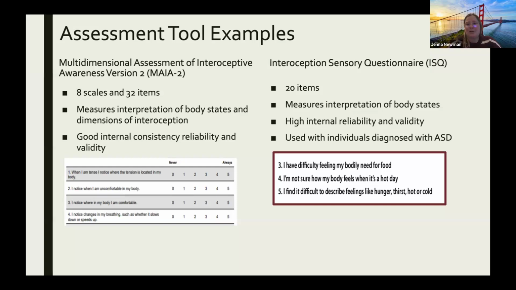So it's important when you're looking at evaluation tools to look at all of the questions and see which tool uses language and experiences that best fit the needs of the client that you're working with. I find that the language in the ISQ really works well with the students that I'm working with. It asks questions in a way that's really easy for them to understand.